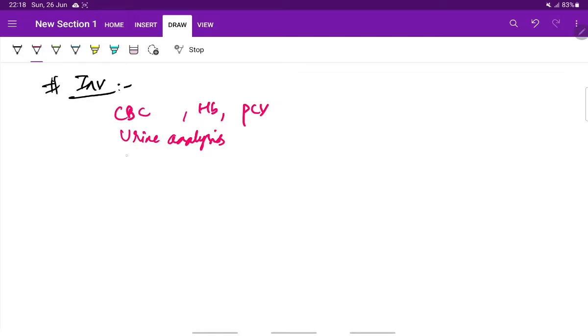Next, coagulation profile. Which includes bleeding time, clotting time, prothrombin time and activated partial thromboplastin time.